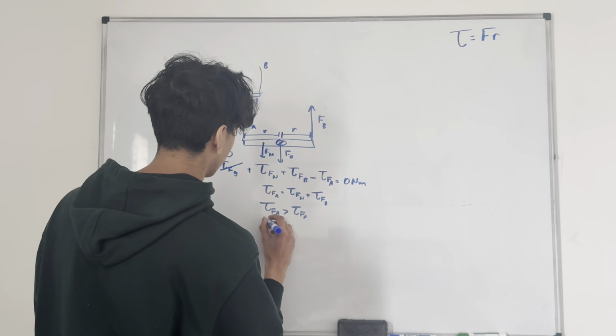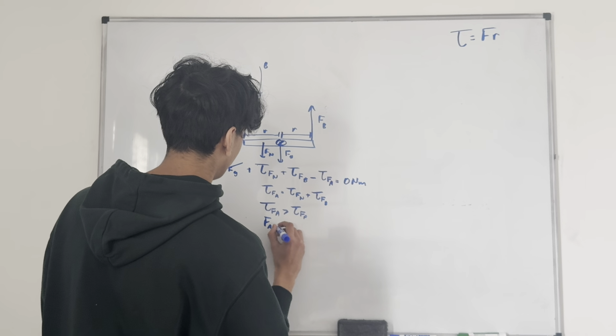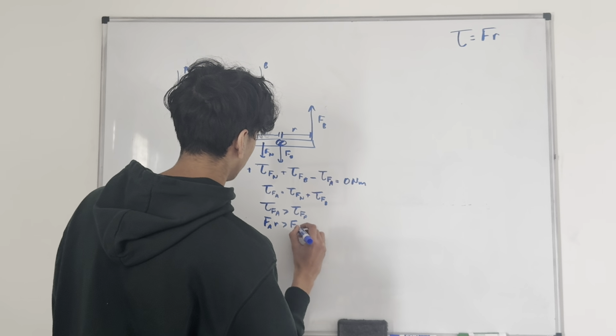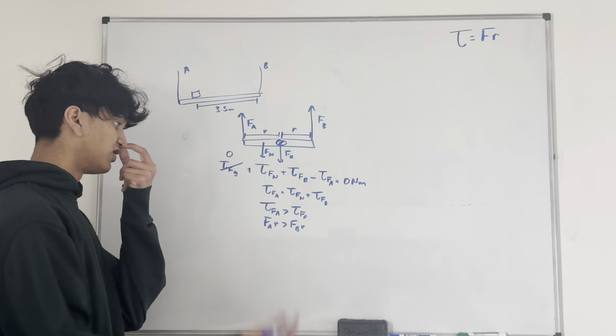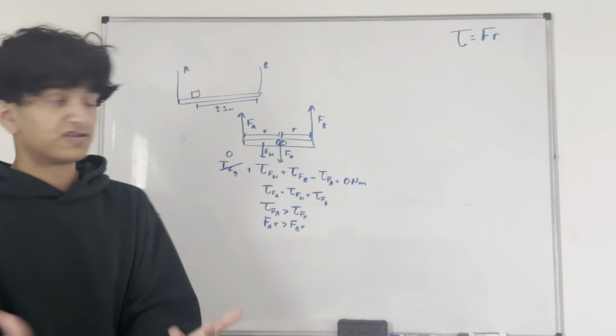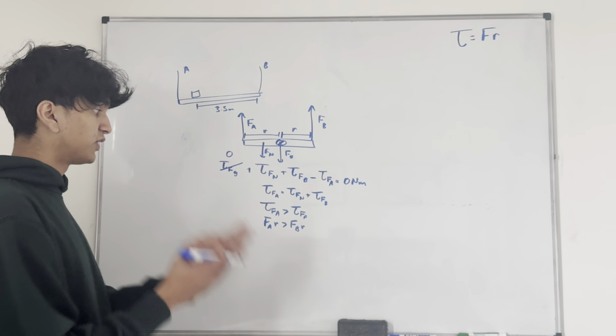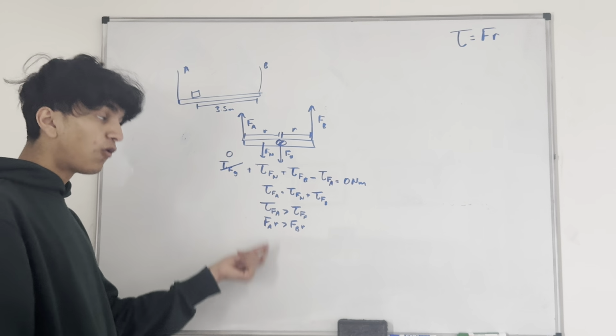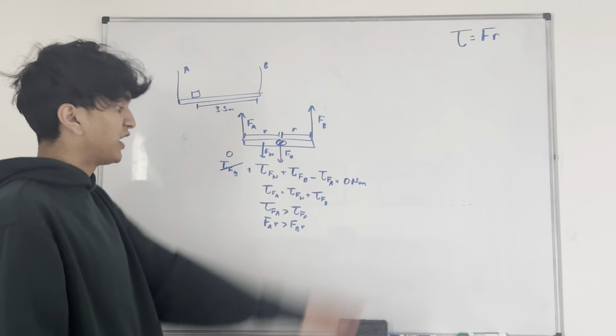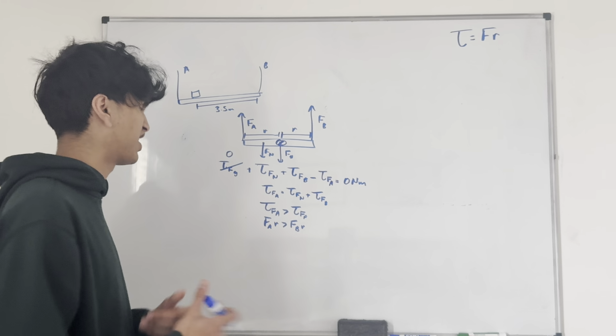So that means that the force Fa times R needs to be greater than Fb times R. And you could see, if they have the same distance, the force needs to be bigger. In other words, if one torque is bigger than the other and they act the same distance apart, the only way the torque can be bigger is if the force is bigger. So hopefully that makes sense.